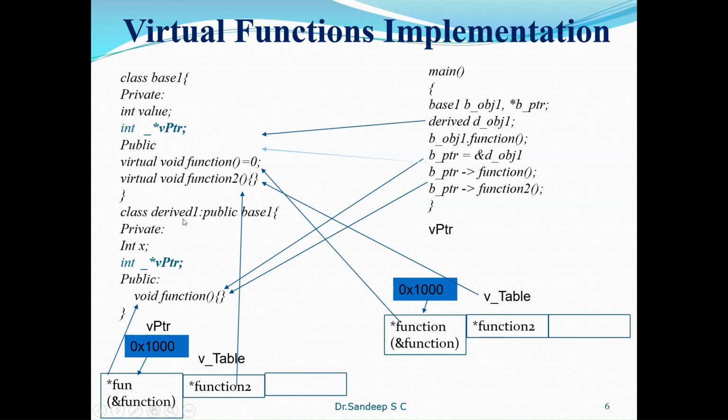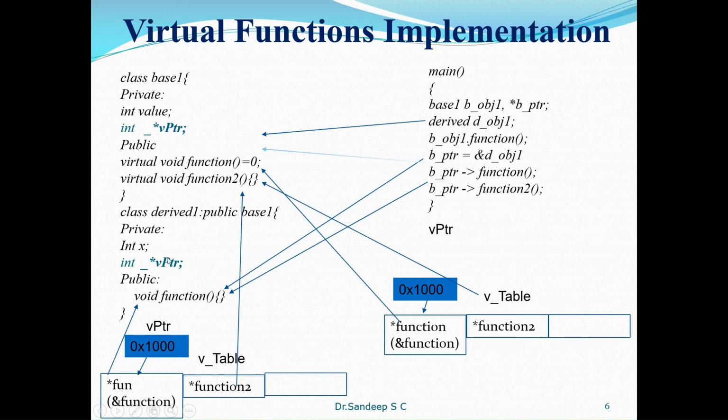Then when we derive another class from this base class, that is, a derived class from the base class in public mode, we know that all the public functions which are there in the base class will be derived. So here in the derived class also a virtual pointer is created, and this is a separate virtual pointer. This virtual pointer is independent of the other virtual pointer.